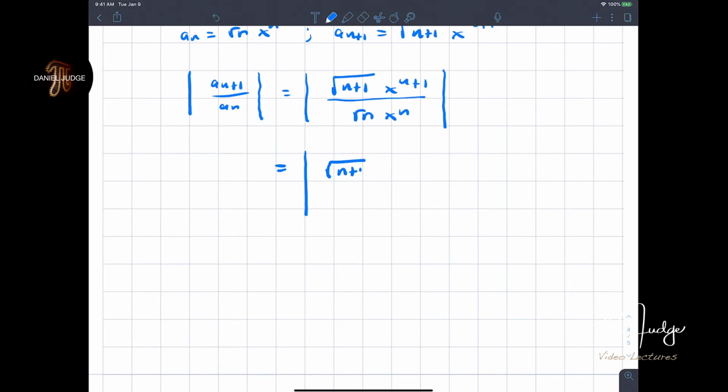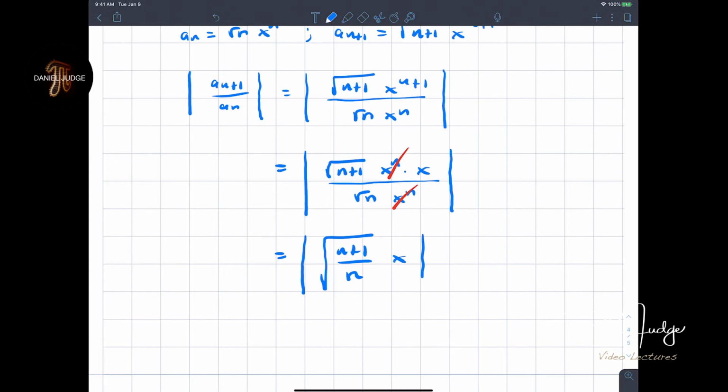That is square root of n plus 1 x to the n times x over square root of n x to the n. And so when we do our algebra, meaning we cancel here, what we're left with is the square root of n plus 1. I'm going to put this under a single radical, times x.